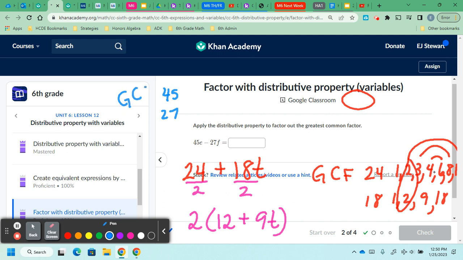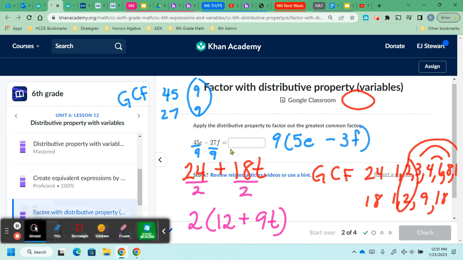The GCF, greatest common factor, is going to be 9 for both. So I know I can factor out a 9. When I divide 45 by 9, I have 5. And don't forget that E. I've got a minus sign. 27 divided by 9 is 3. So now 5 and 3 are prime factors, so I know I cannot factor anything else out.